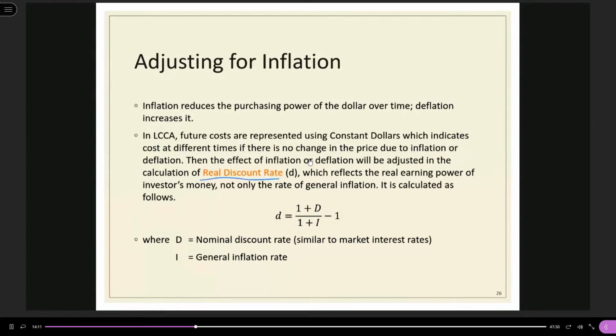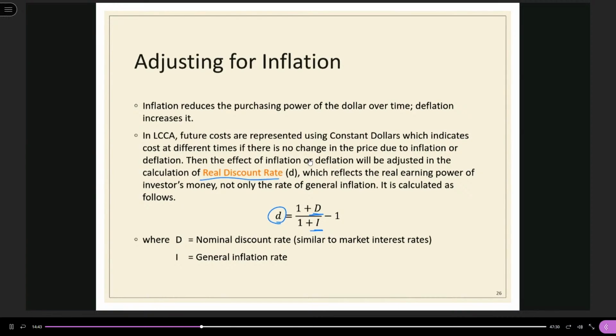The real discount rate reflects the real earning power of the invested money, not only the rate of general inflation. This real discount rate should include the nominal discount rate and also the general inflation. So see if your earning power can catch up with the inflation.